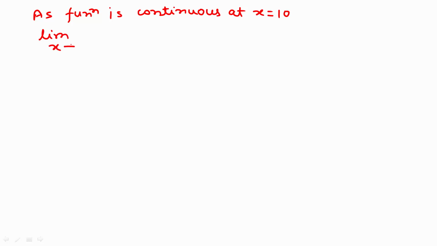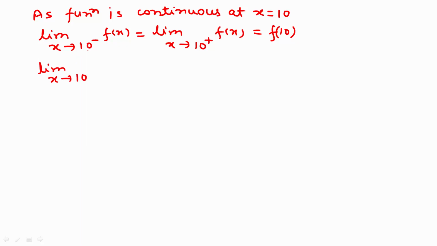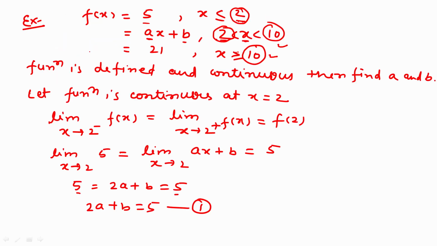As function is continuous at x is equal to 10, then limit x tends to 10 minus f(x) is equal to limit x tends to 10 plus f(x) is equal to f(10). 10 minus indicates that the value of x is less than 10.